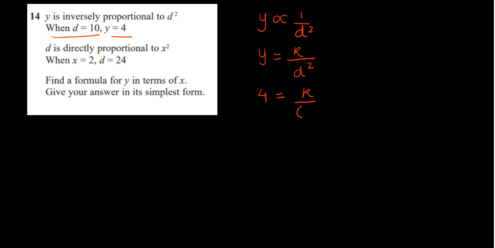So 10 squared. So 4 is equal to k over 100. 10 squared is 100. And in order to get k on its own, I'm going to multiply both sides by 100.